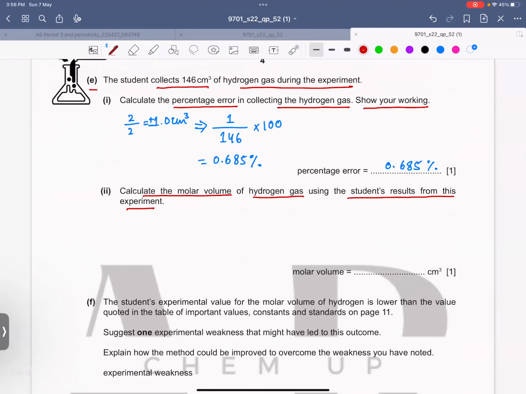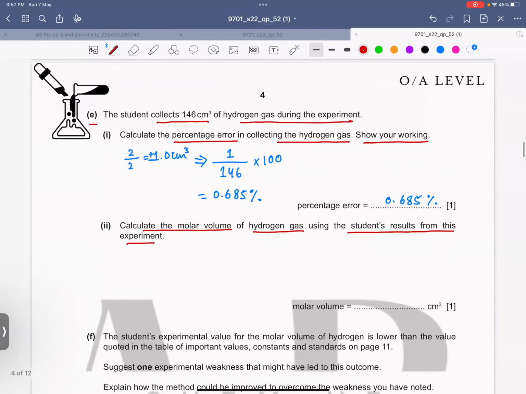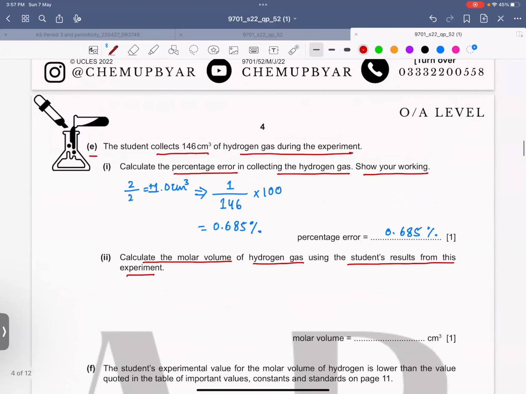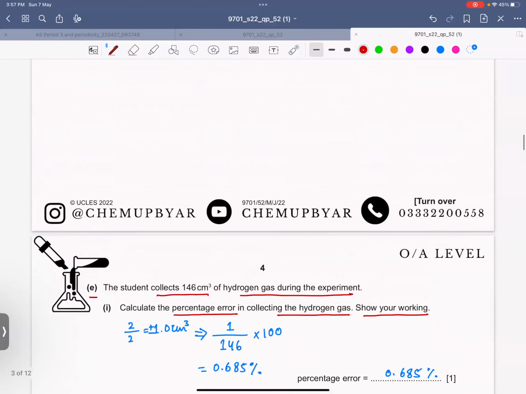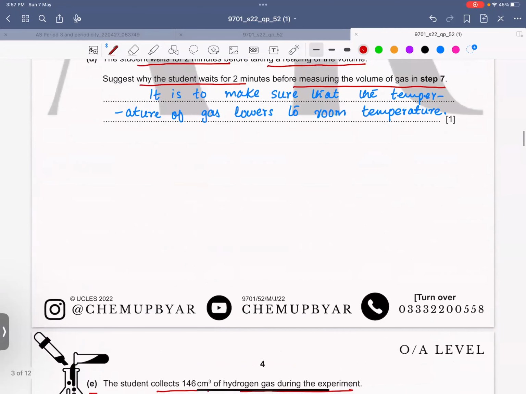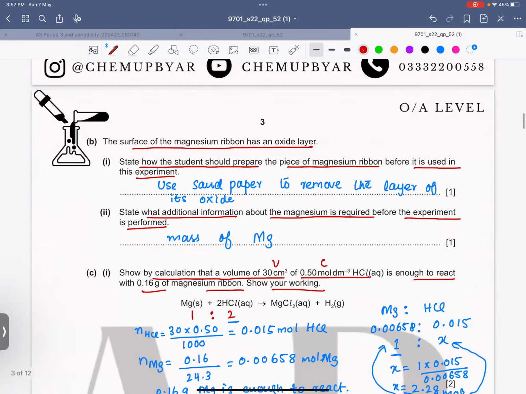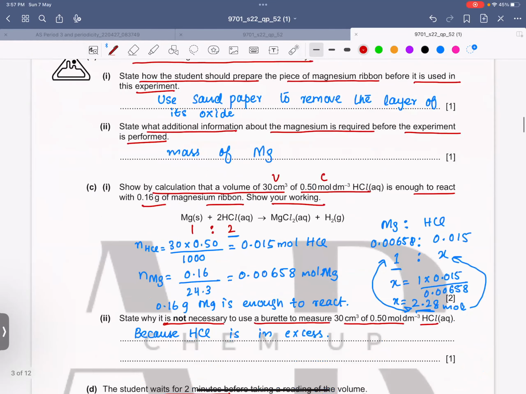So, we got the volume, and if you see over here in the equation that the moles of magnesium and the moles of hydrogen are the same, right?